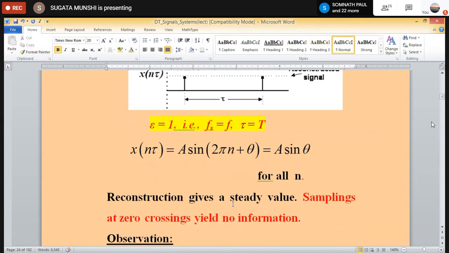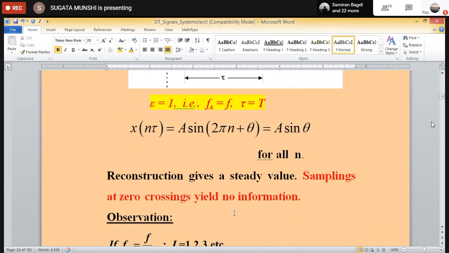That is the case for Fs equal to f. Now, after we consider that case, we have an important observation to note.